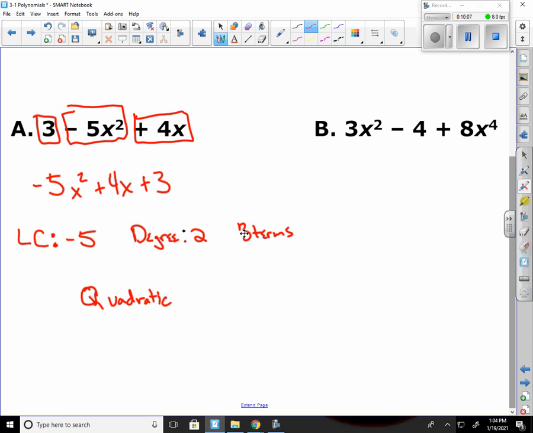And then 3 terms means it's a trinomial. And so that's the name of my function. I can look at this name alone, and from it I can tell that I'm looking at a polynomial with a degree of 2, because it's quadratic, and 3 terms in it.